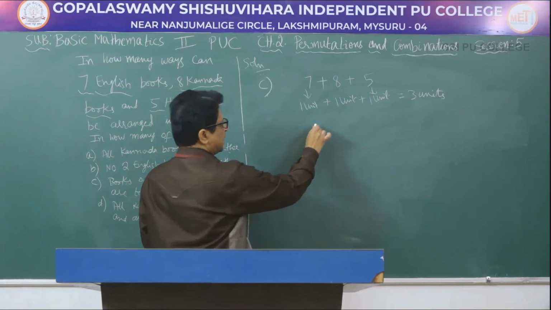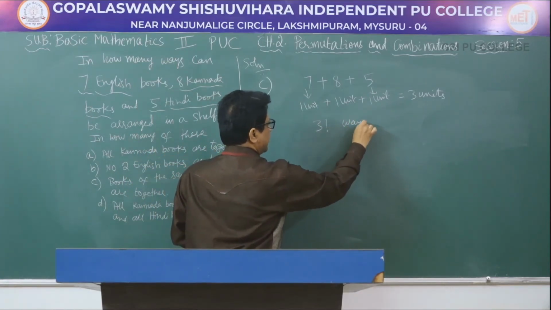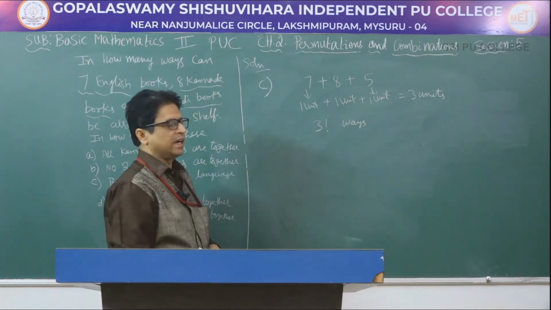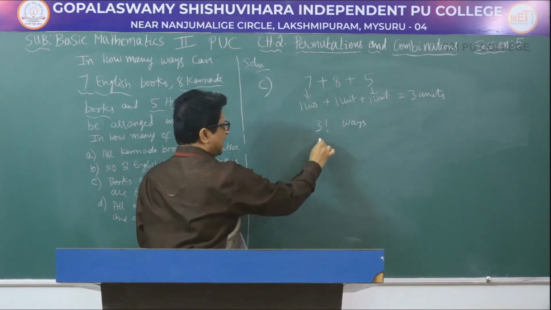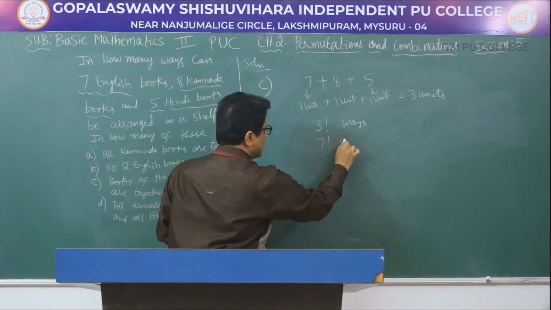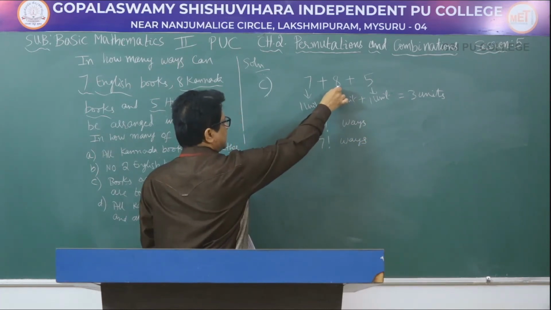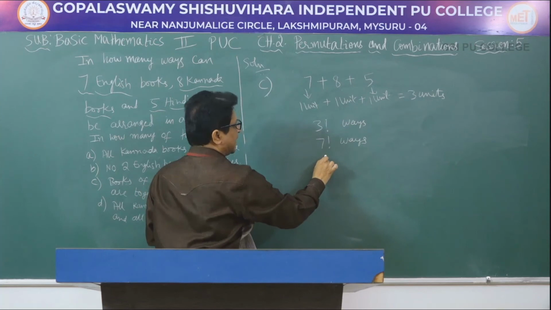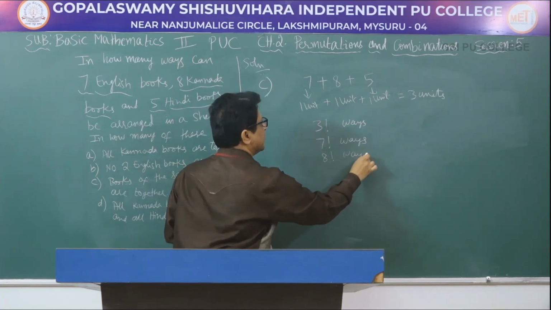These 3 units can be arranged in 3 factorial ways. And the 7 English books can be arranged among themselves in 7 factorial ways. And 8 Kannada books can be arranged among themselves in 8 factorial ways.